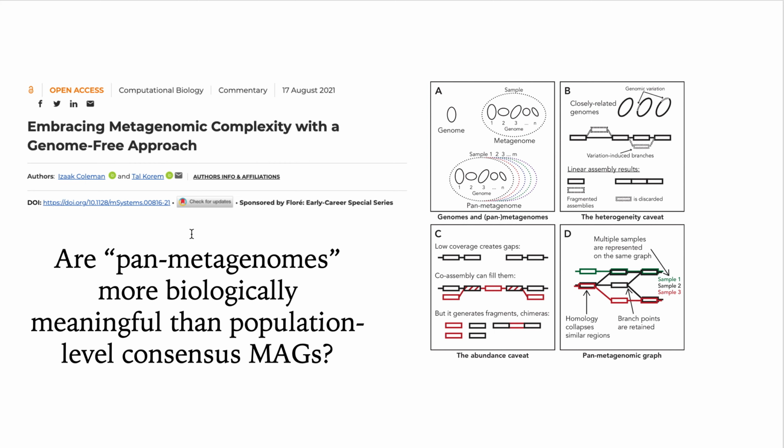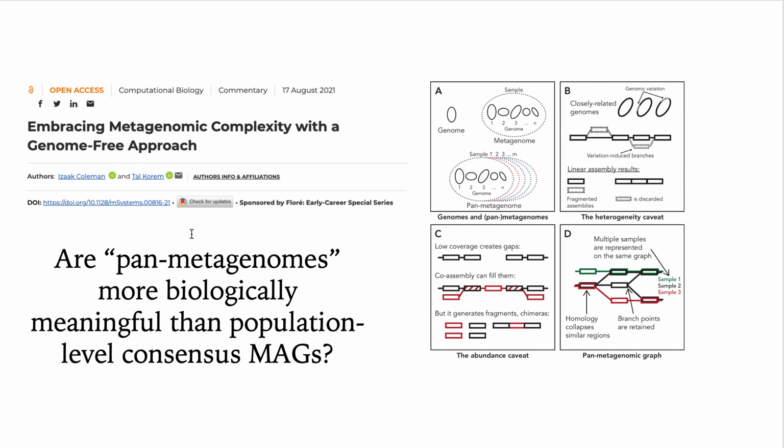This paper came out recently that talked about using pan-metagenomes rather than trying to bin population level MAGs. The title of the paper is Embracing Metagenomic Complexity with a Genome-Free Approach. And the chart on the right kind of shows how closely related microdiverse populations can be really problematic for assembly and for binning.